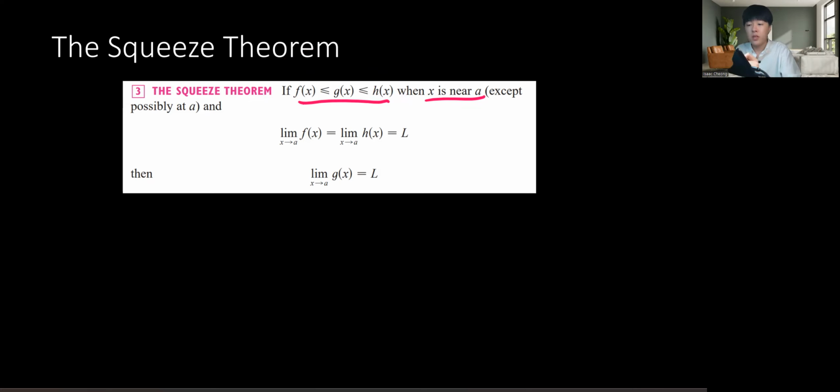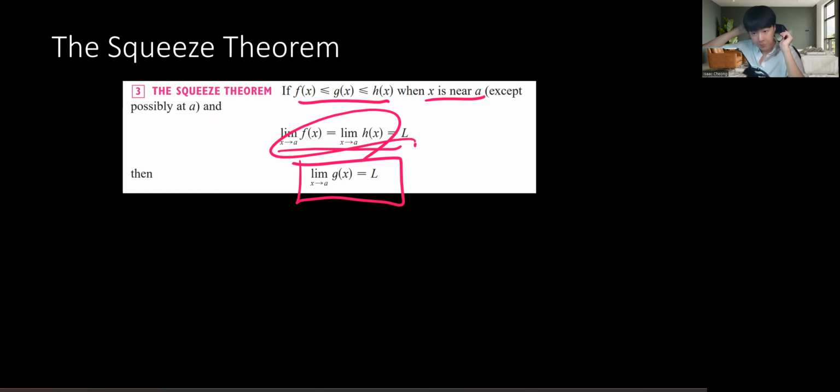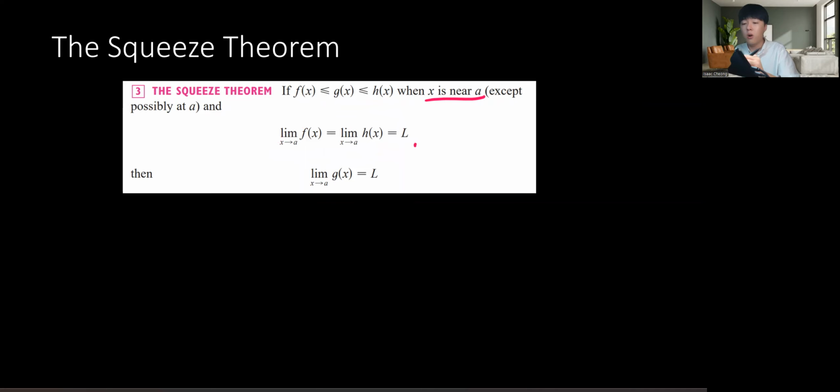Then if the limits as x goes to a of f(x) and h(x) are equal to each other, then g(x) is sandwiched, and therefore it has the same limit value. So that's what the squeeze theorem is. Sometimes we call this the sandwich theorem.